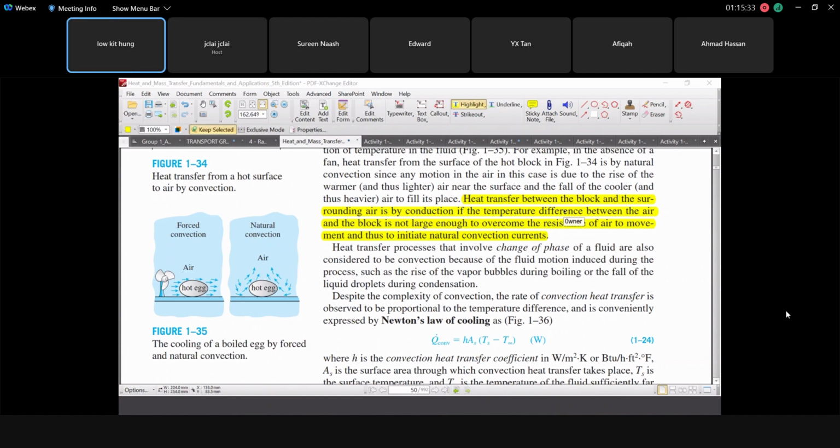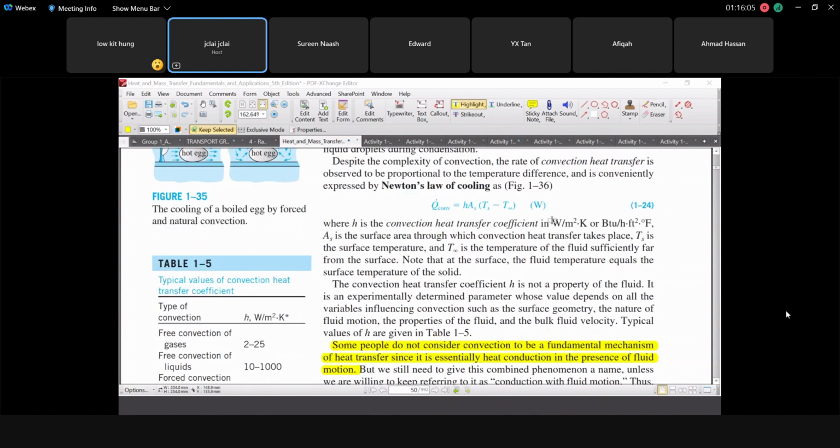Doctor, if the egg is hot enough, the conduction will go first and then be followed by natural convection, right? Yeah. Actually, some scientists say convection is a mixture of conduction plus fluid motion, so they don't see convection as a mechanism of heat transfer.